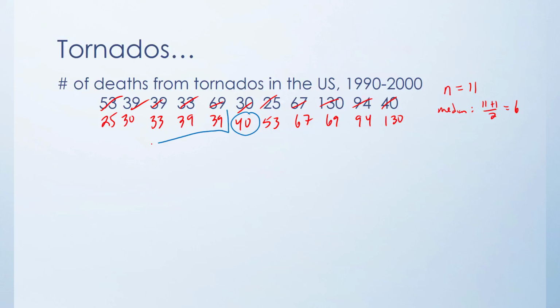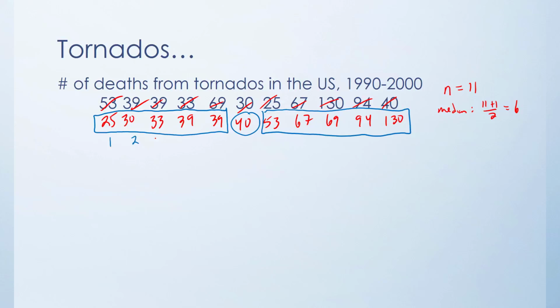And remember, we are not going to include the median in either half. Since it's an actual data value this time, we've got to make sure that we don't do that. There are some methods that do include the median, and it's a perfectly acceptable way of doing things, but on the homework, it's not going to get counted as correct if you include the median in the middle, just because the computer's kind of stupid about these things, right? But so I want you on tests and whatnot to do it this way.